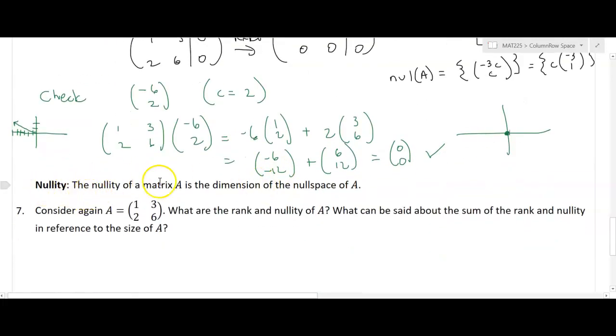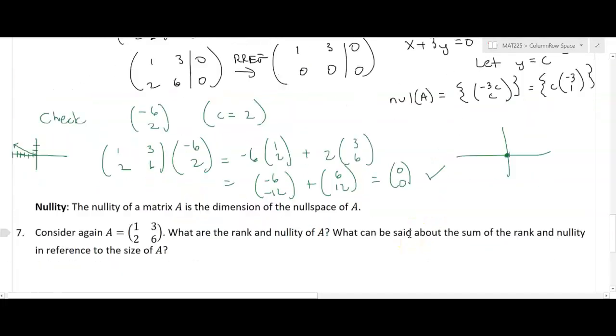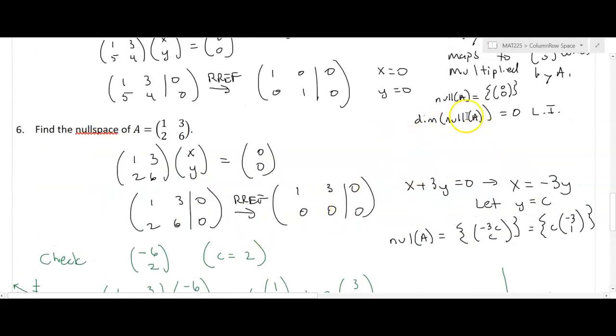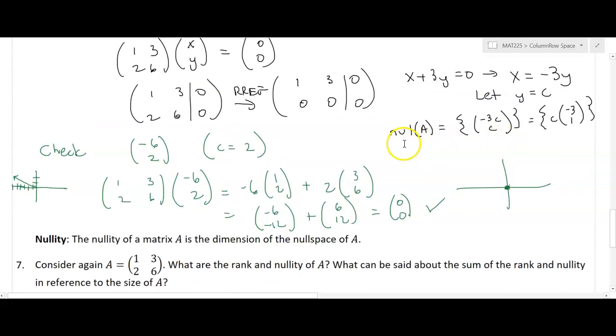Now let's define the nullity of A as the dimension of the null space of A. Okay, so we've already kind of described the dimension of the null space of A as the number of linearly independent vectors inside of that. Now here, the dimension of the null space of A is going to equal 1 because there's only one vector inside of there that's not the 0 vector.